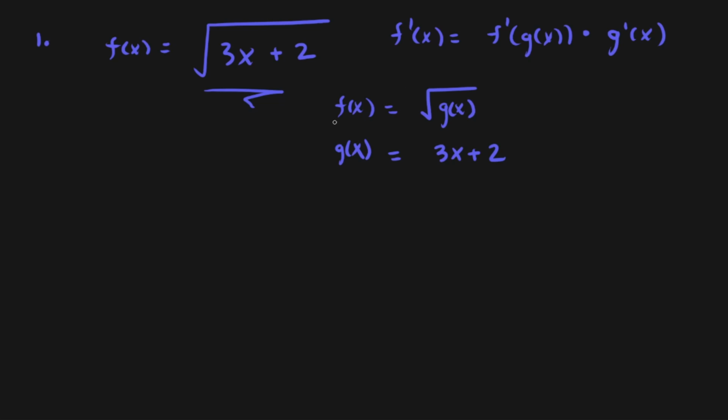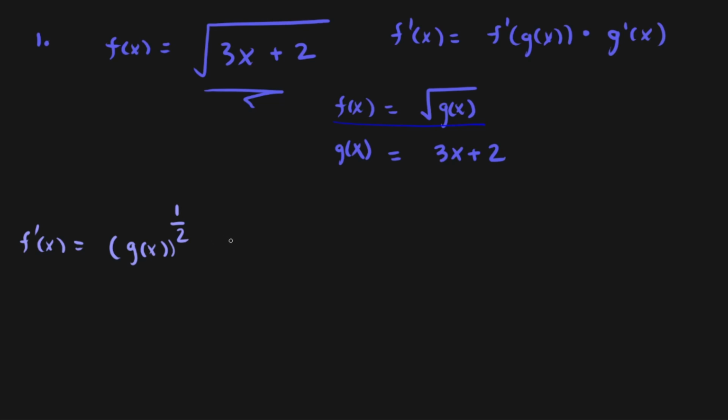Now let's take the derivative of that. So f prime of x: if we have a square root, we can rewrite that as g of x to the 1/2 power.